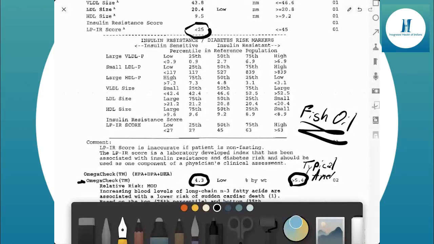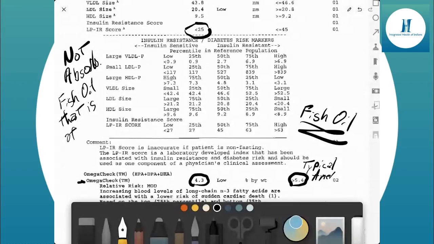They're not absorbing it. Not absorbing, that's true. So they could be not absorbing it. It's not the right kind of fish oil. That's more likely it. It's a fish oil that is of poor quality.